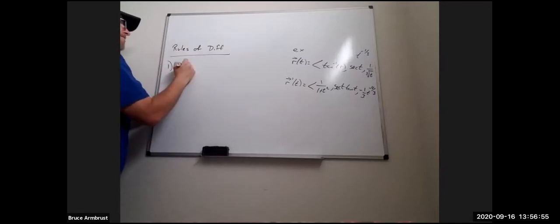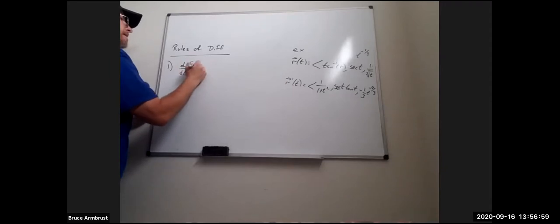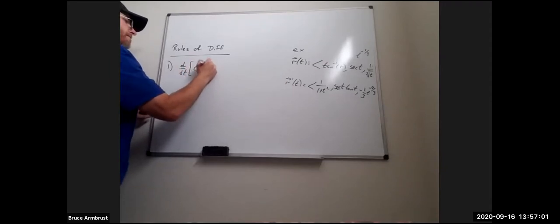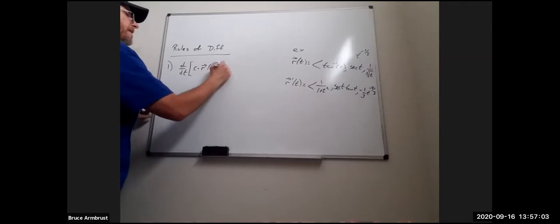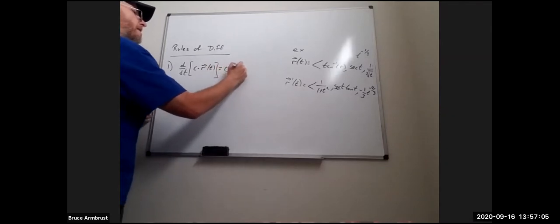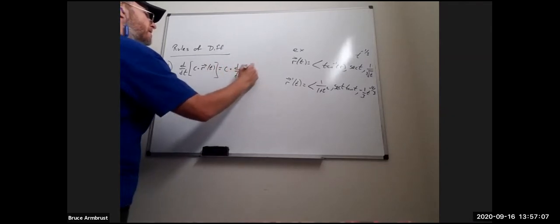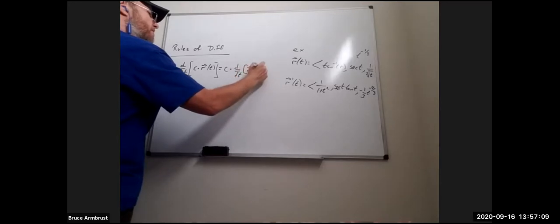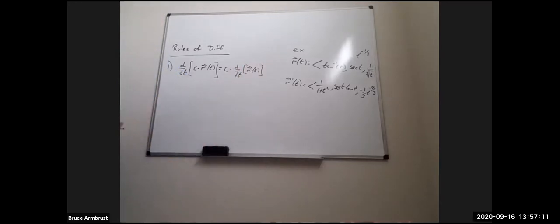All right, so the first one, if we have a scalar, we're going to differentiate a scalar times a vector valued function. It does exactly what you expect, and we can go ahead and pull that out. If you look at the definition, you can see why.